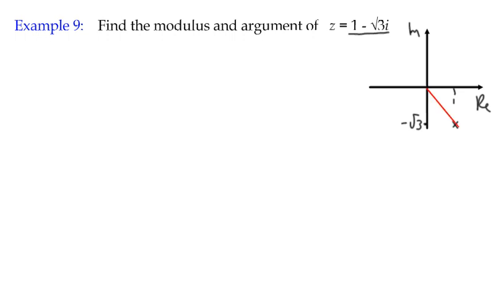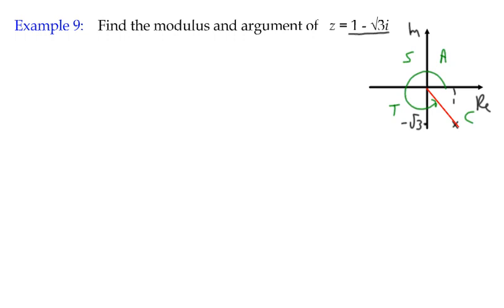The actual angle doesn't matter, it's a sketch. What it does remind us of is that the argument, when we think about it as an angle from 0, is a fourth quadrant angle, all sine, tan, cos.